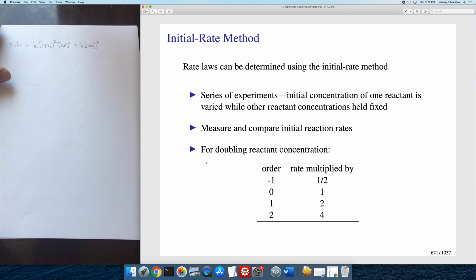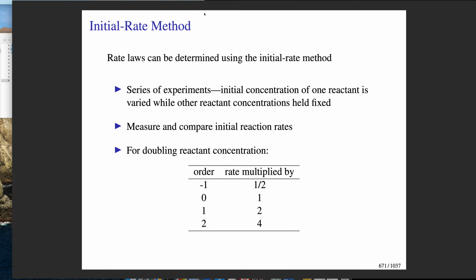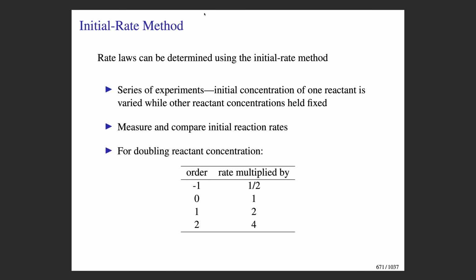We're going to be using what's called the initial rate method to determine reaction orders from experimental data. What it consists of is a series of experiments where the initial concentration of one reactant is varied while keeping the other reactant concentrations fixed. Then you measure the initial rates and you compare the different experiments.